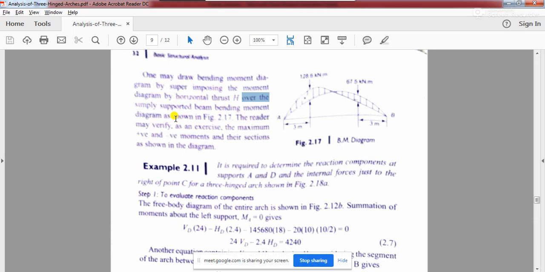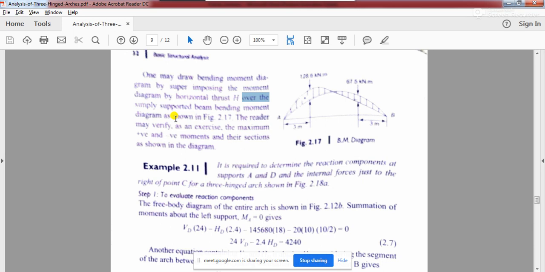Simple supported bending moment diagram means you take the length of the simple supported beam as equal to the span of the arch, load that beam with whatever load the arch is acted upon by, and draw the bending moment diagram. On top of that you superimpose the bending moment diagram because of horizontal thrust, and finally you get the bending moment diagram of the arch.